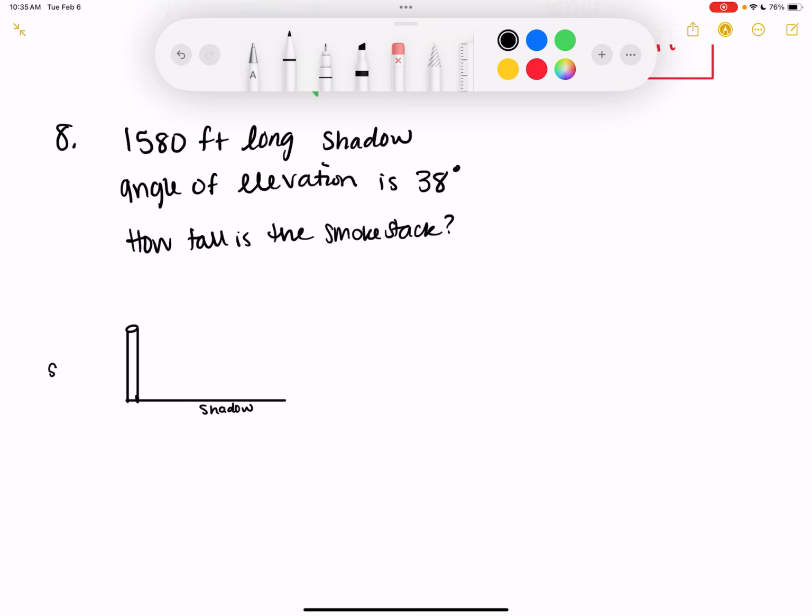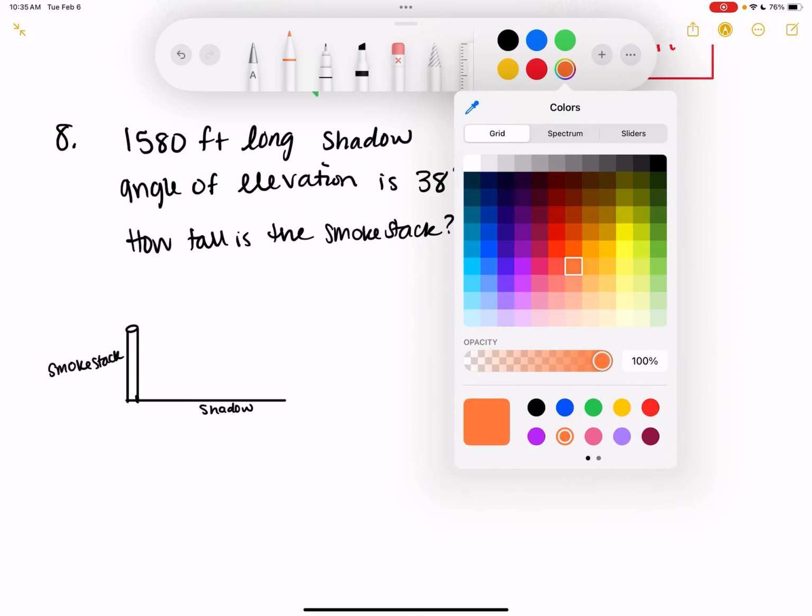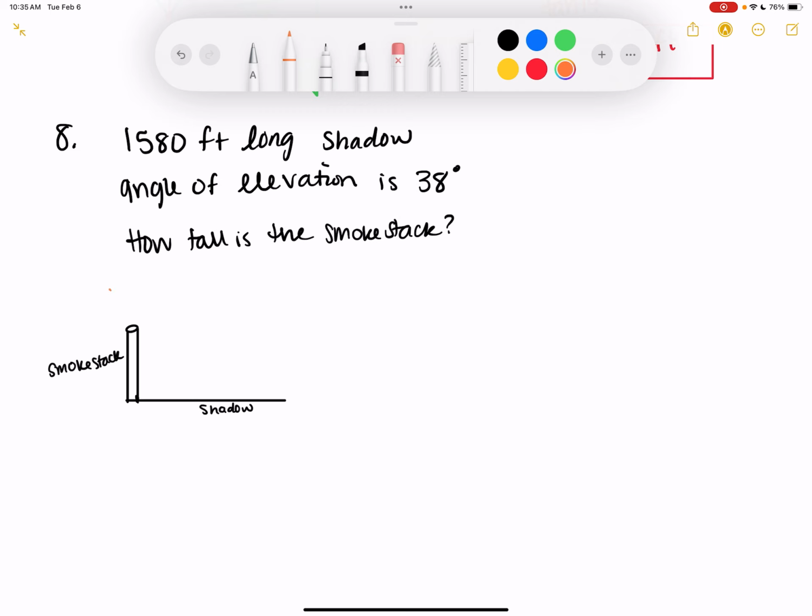This is the smokestack. I have a sun. Then I've got my angle of elevation here.